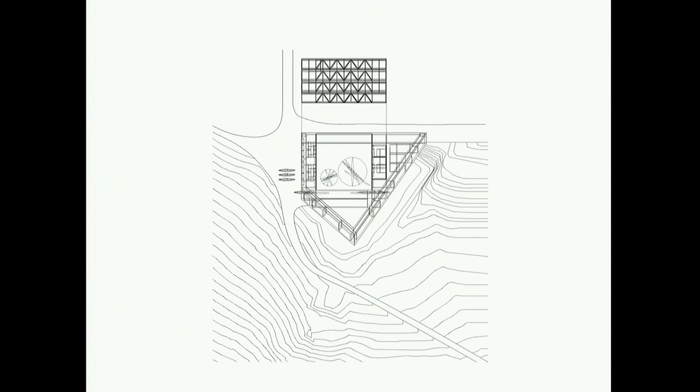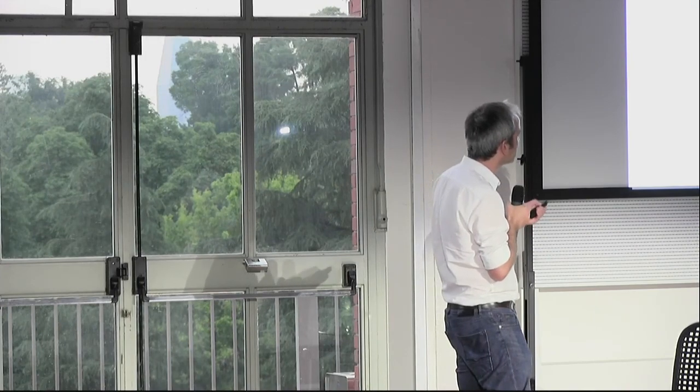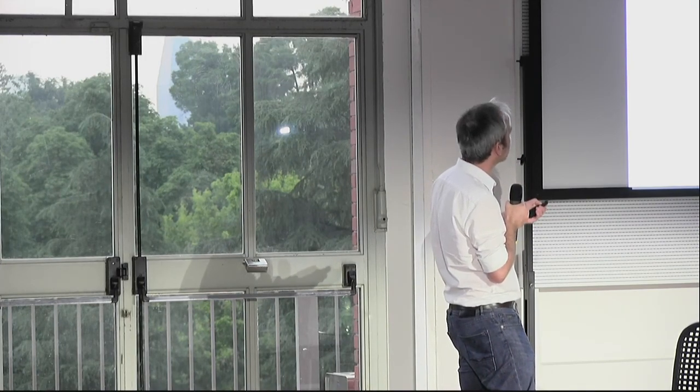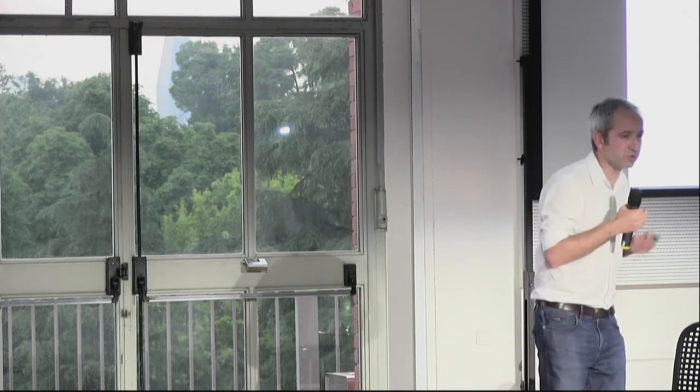So this very strange shape that was given to us by the owner, we didn't care so much about the shape, but we cared about how the different boats will move on this small pavilion.